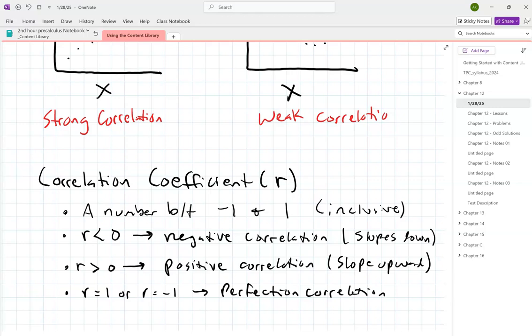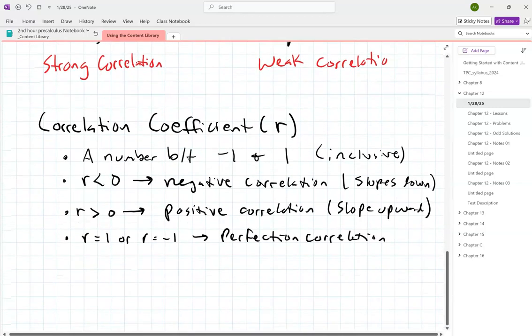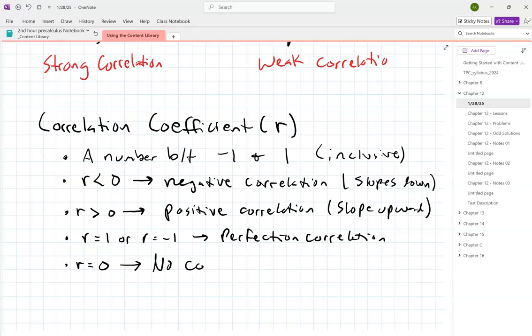Okay, so perfect correlation means that you can construct a line that passes through all of our data points perfectly. And if R equals 0, it means that there is no correlation. That's like these two variables have really no linear relationship between themselves at all. They should just look like a random scattering of data.